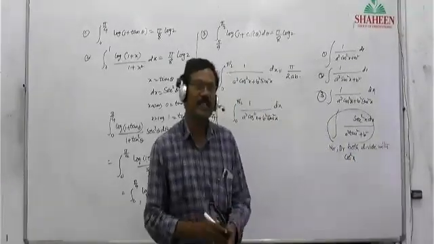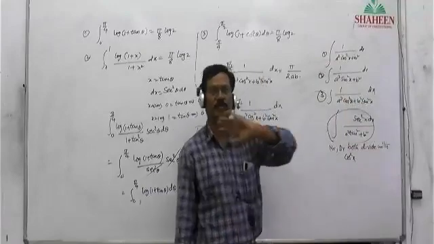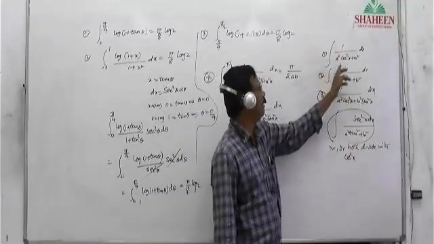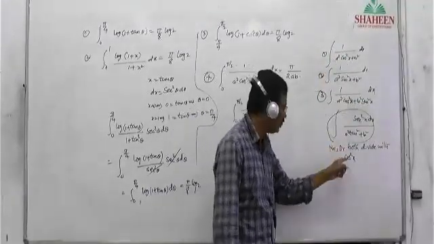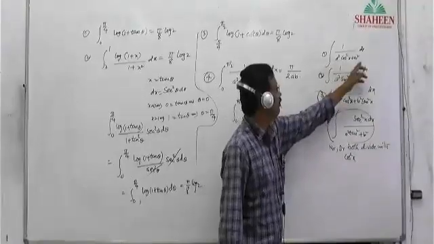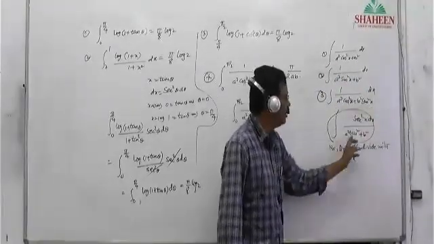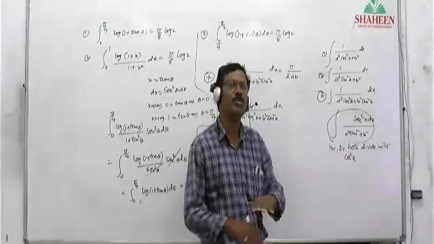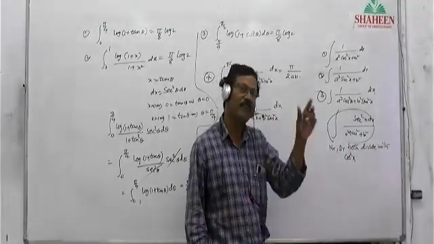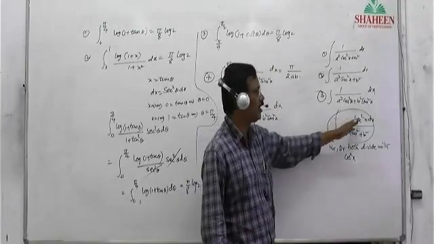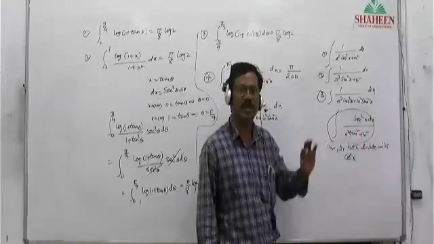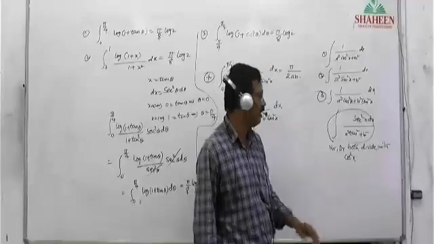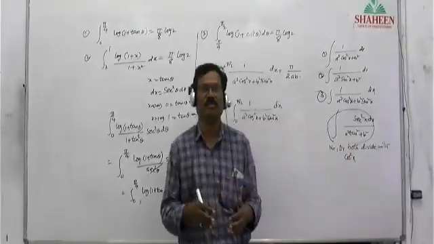Now to get the solution for these three problems, divide this numerator 1 with cos square and the denominator with cos square. Numerator and denominator both divided with cos square, definitely that problem will be converted in terms of sec square: in the numerator sec square, in the denominator tan square.